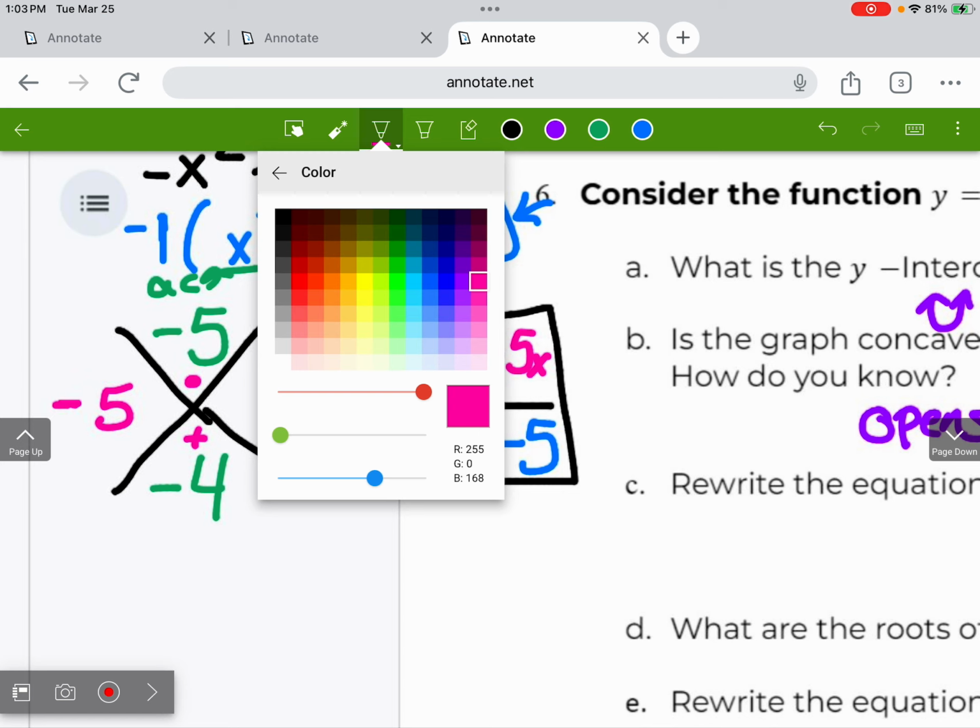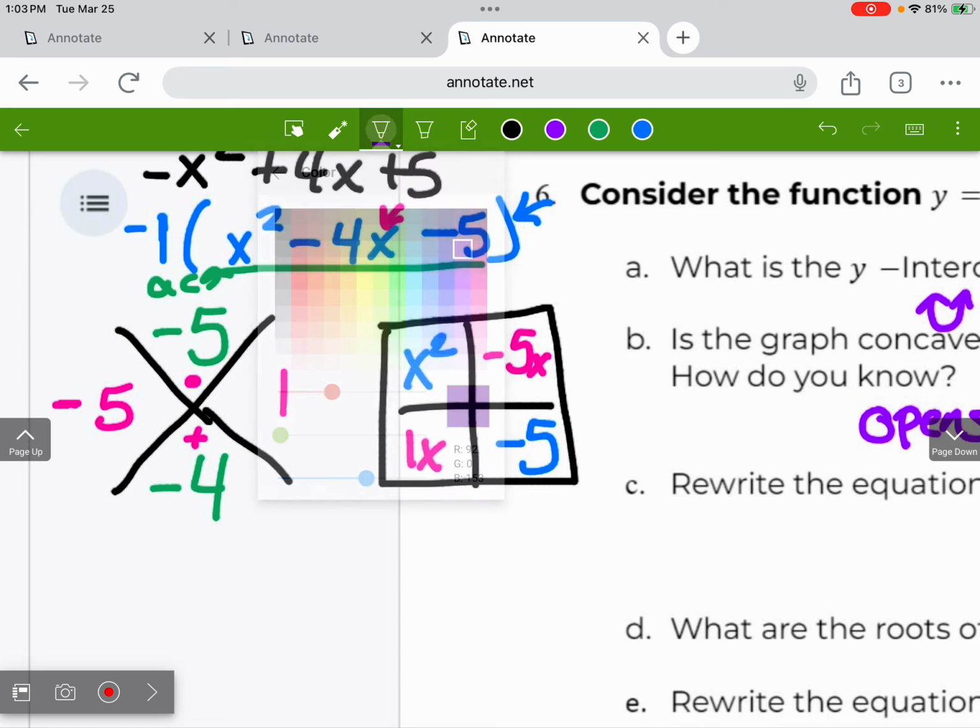So then what we need to do is pull out our factors. What are we going to get as factors with my x squared and my 1x? Just an x. How about what do I get shared between minus 5x and minus 5? Minus 5.